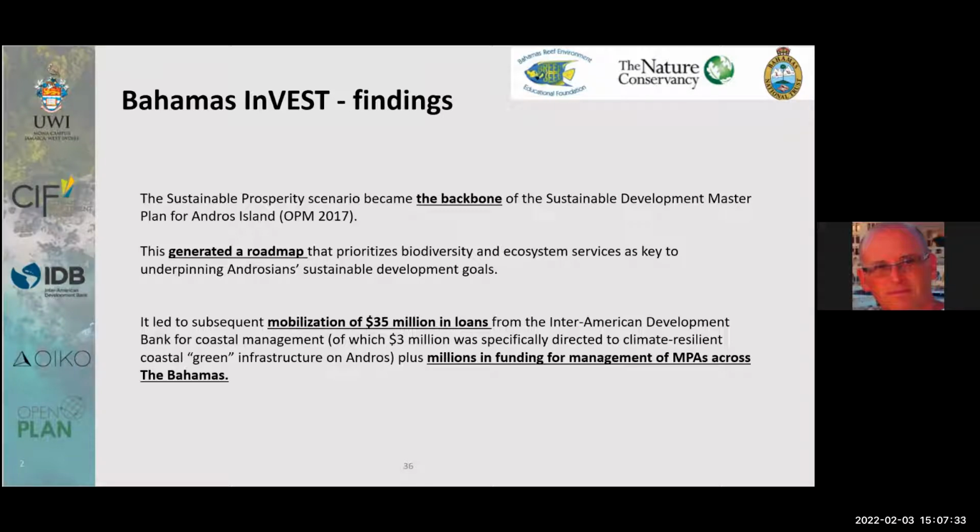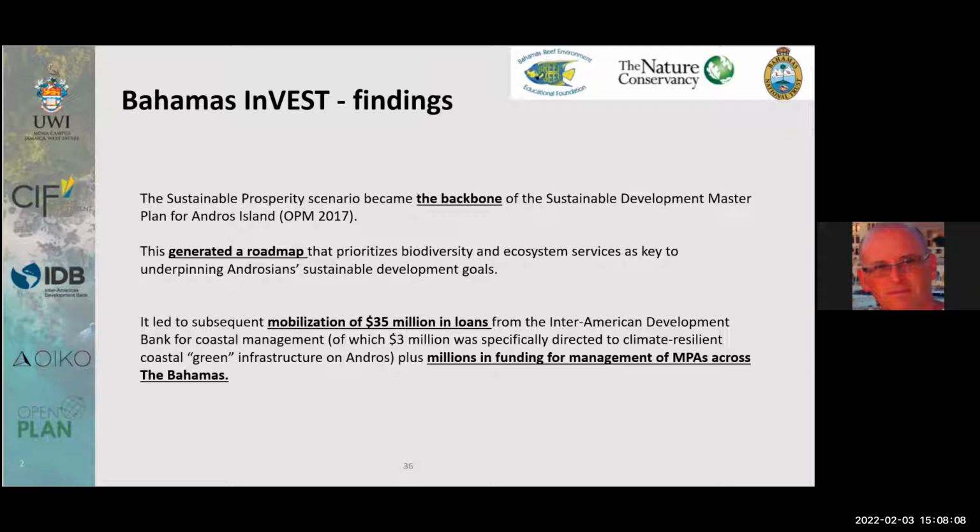This generated a really important roadmap for the Bahamas, and particularly for Androsians, to prioritize their biodiversity and ecosystem service delivery on the ground, whilst being able to use this Sustainable Development Master Plan to report against the SDGs. So the INVEST tool has allowed a springboard into a range of other support, monitoring and evaluation processes to help decision makers in the future.